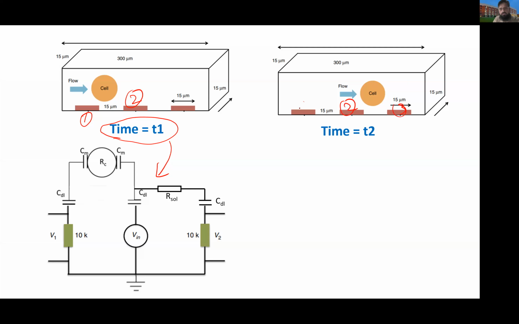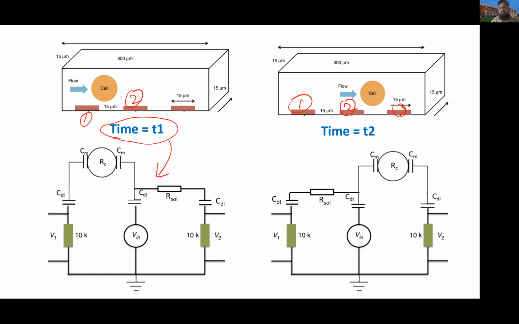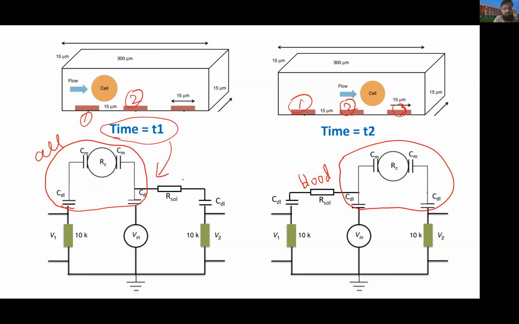In this case, the electrical equivalent will be completely swapped. Your cell is now on the right side, and the simple blood is on the left side. In the original case at time t1, the cell was on the left side and your blood was on the right side.